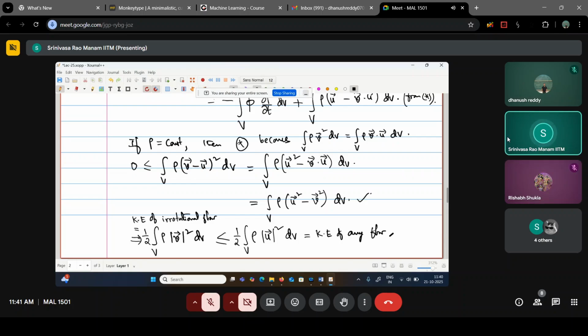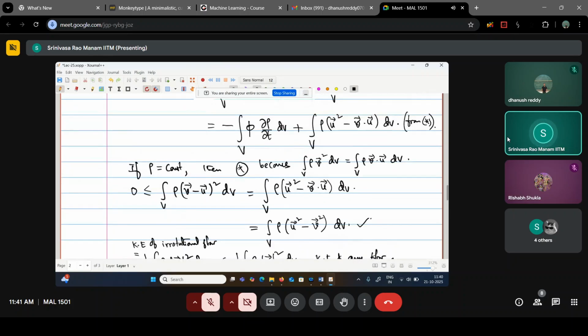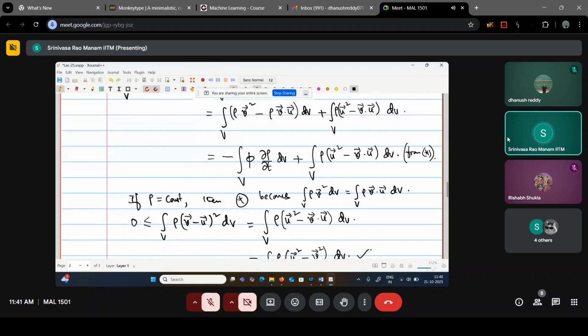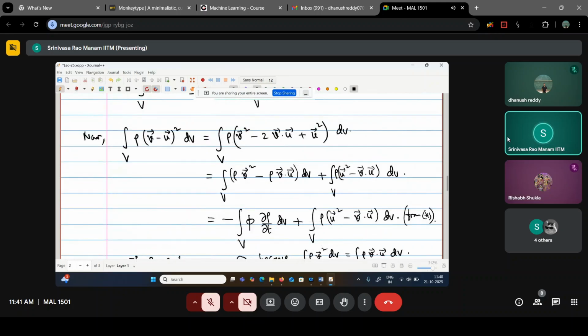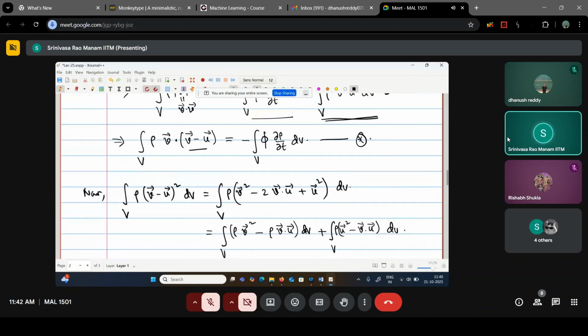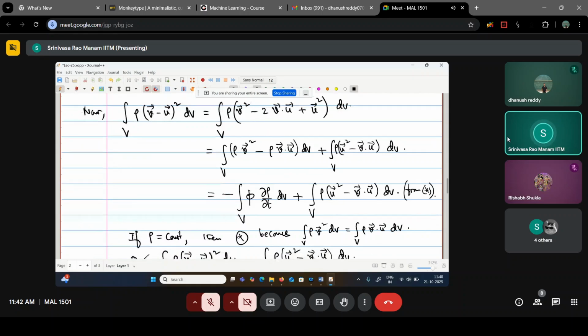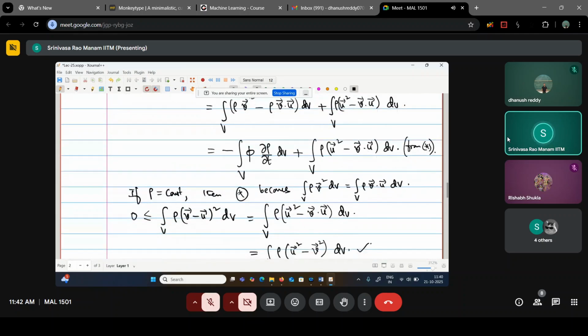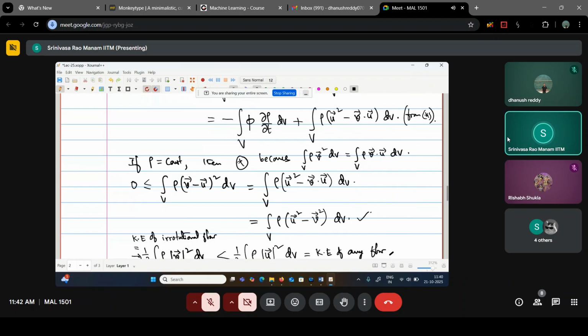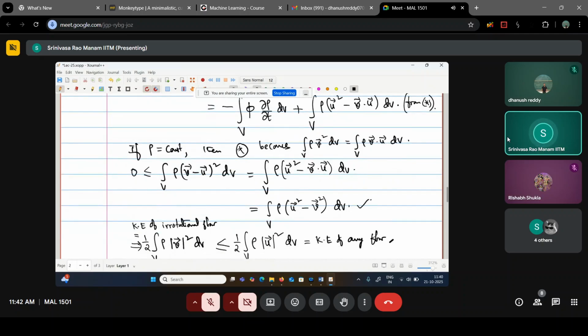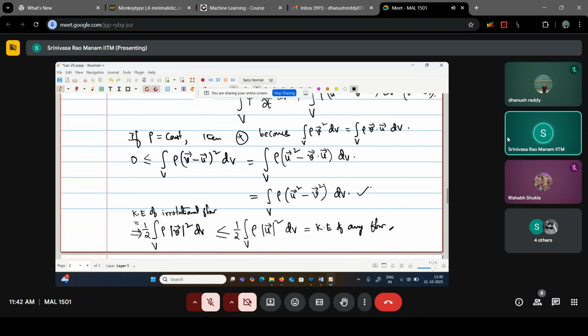So the only thing is that I thought I'll work for dou rho by dou t, capital D rho by capital Dt. If I consider such a flow, you may not be able to prove that easily. So if you are considering rho constant, I think a homogeneous fluid is where the density is constant. You can immediately show that the kinetic energy of the irrotational flow is always less than or equal to the kinetic energy of any other flow.